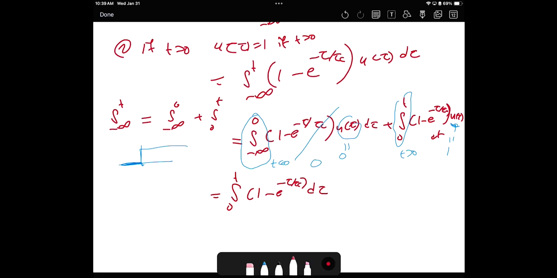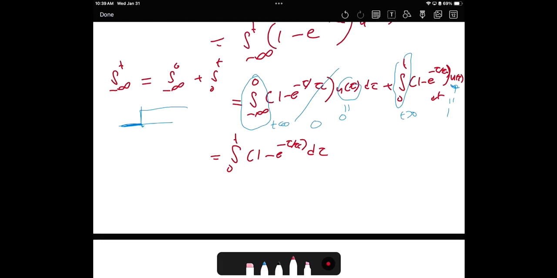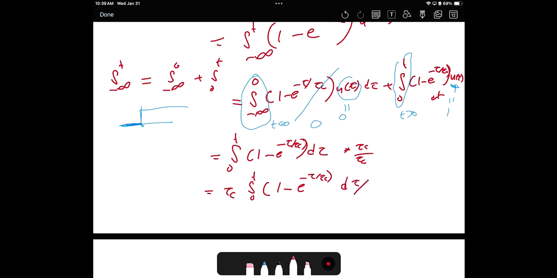Okay? Now, how to do this integral? Let's multiply by tau c over tau c. So this will make it tau c times the integral from 0 to t of 1 e power negative tau over tau c, d tau over tau c.